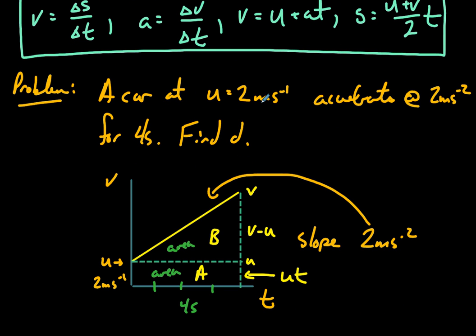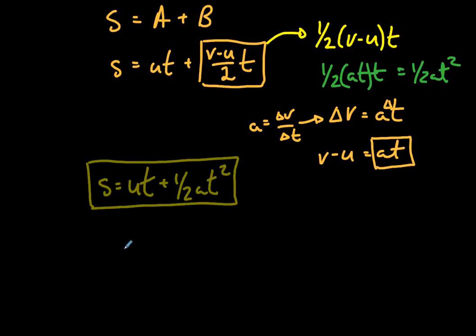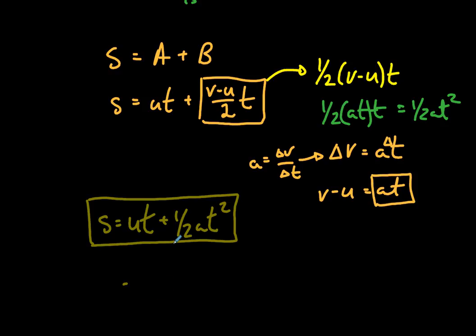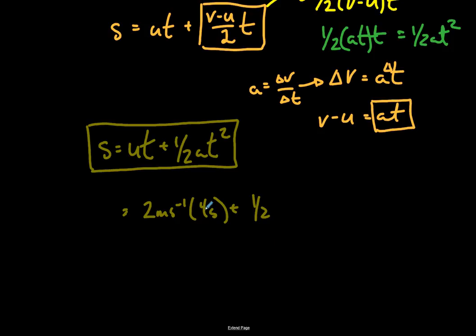So it starts at 2 meters per second and accelerates at 2 meters per second squared for 4 seconds. So we have this, u. Starts at 4 meters per second. No, sorry, it starts at 2 meters per second. My memory is like that of a squirrel. 2 meters per second times 4 seconds plus 1/2, 2 meters per second squared, times 4 seconds squared.